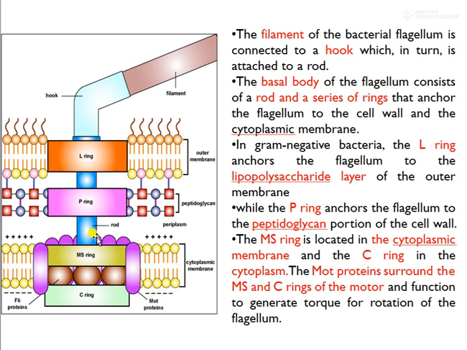It consists of the L ring, P ring, MS ring, as well as the C ring, and various proteins are also attached to it. These proteins, called the Mot proteins, surround the MS and C rings and generate a torque. Torque means the force with which it can rotate around.